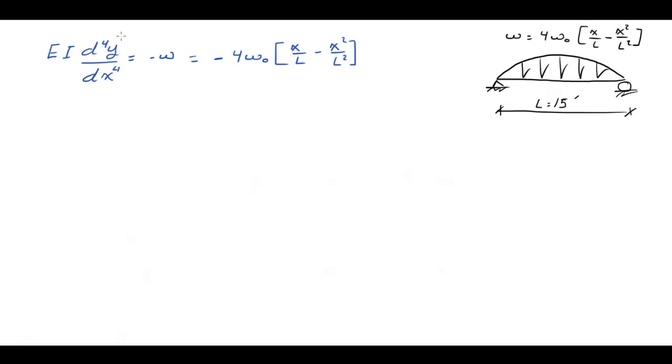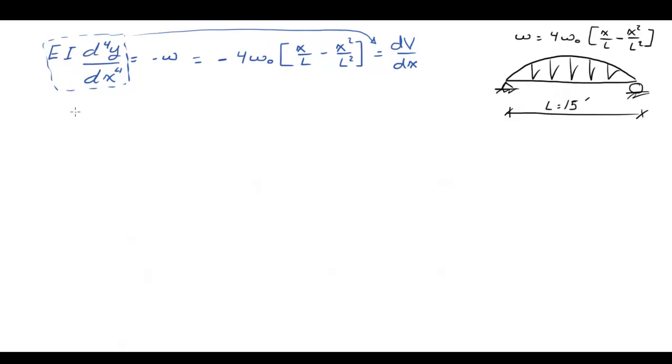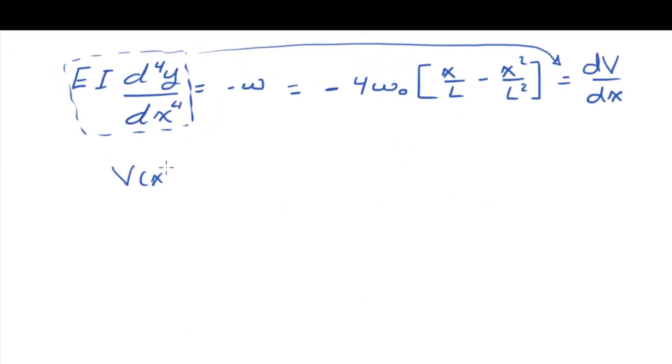So let me change this notation to this notation right here. It's gonna make life easier for us. So it's dV dx, because if I integrate this, it's gonna be V only. So let's try to integrate this once. So we'll have V of x equals minus 4W naught.